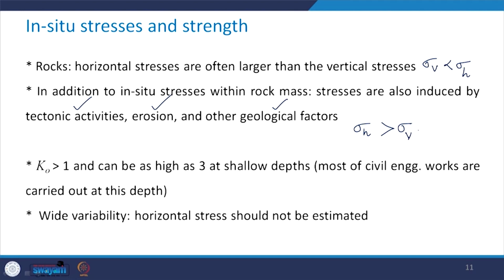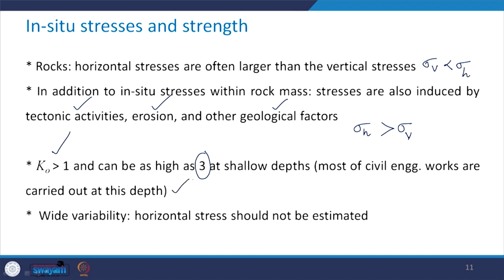As against the soil, K naught is greater than 1 and it can be as high as 3 at shallow depths, which are usually applicable in most civil engineering works. That is, most of the works are carried out at this depth only.